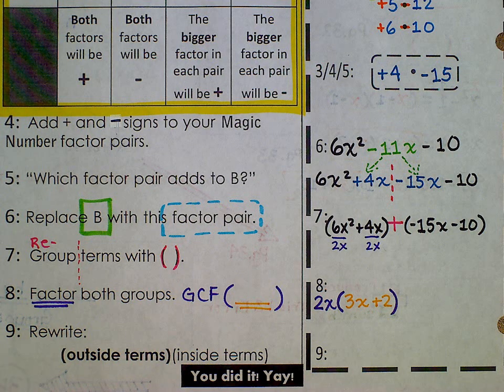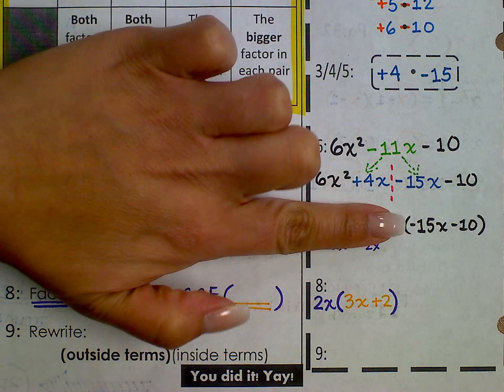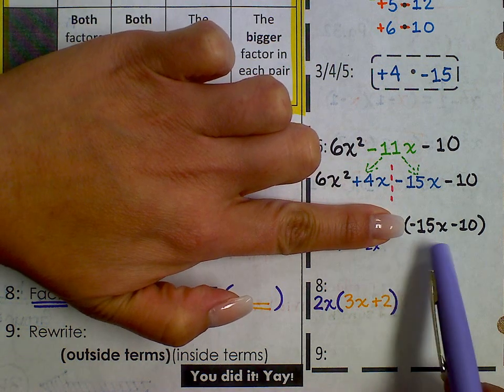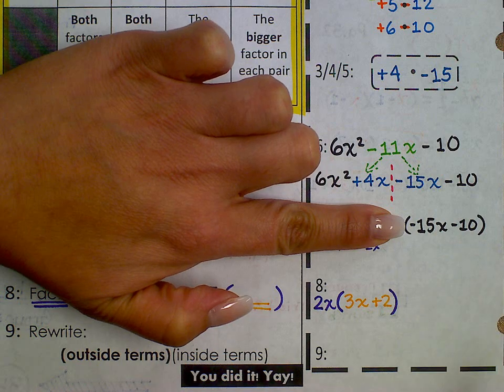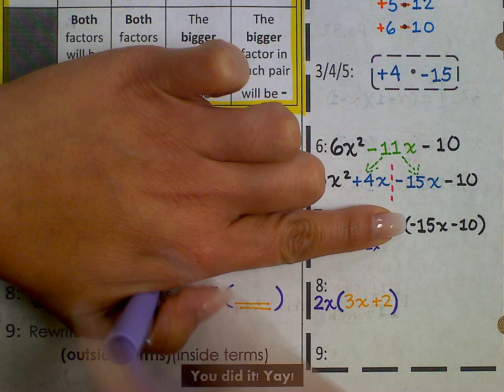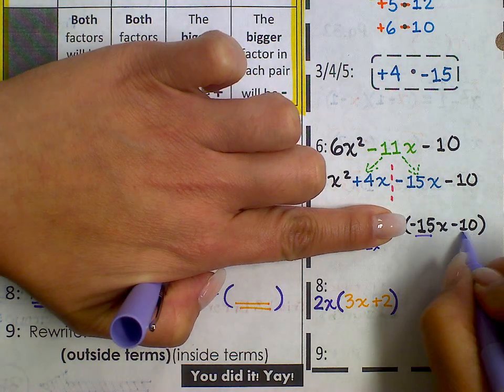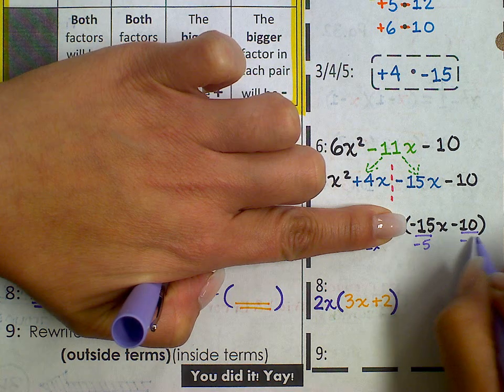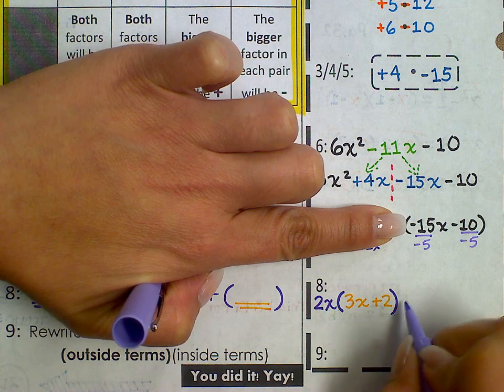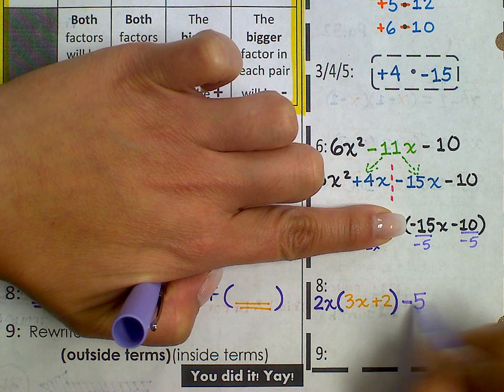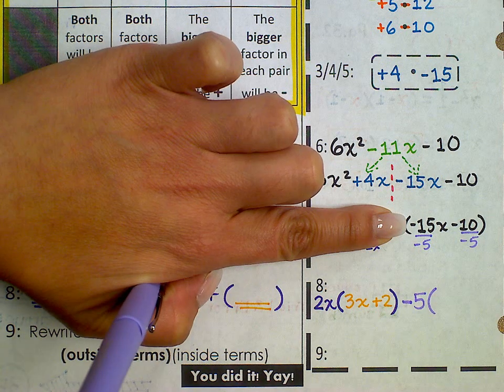And now I'm going to do the exact same thing. I think I'll use the lighter purple. Now I have negative 15x minus 10. They do both have negative 5 in common, so let's divide both by negative 5. I'm going to pull that out here, negative 5. And what am I left with whenever I divide?